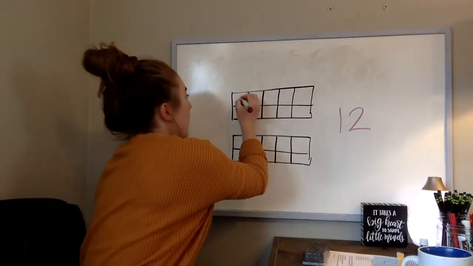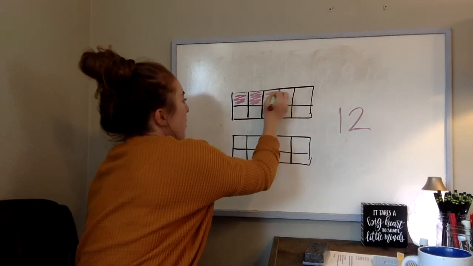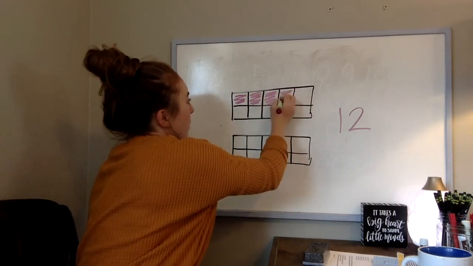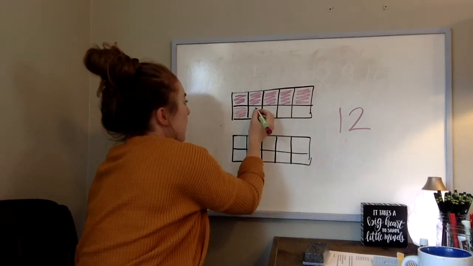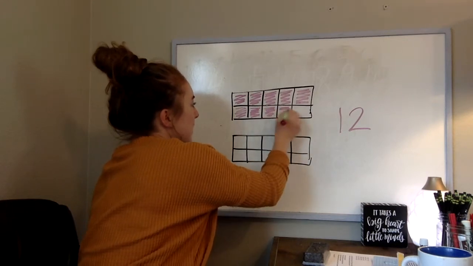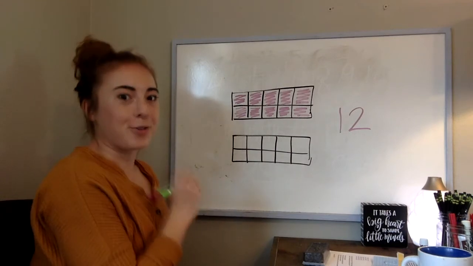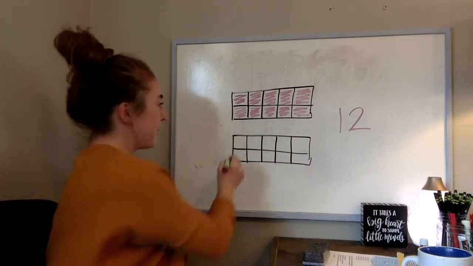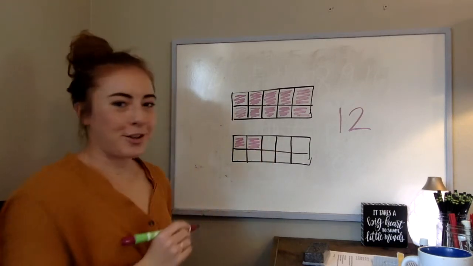Let's go. 1, 2, 3, 4, 5, 6, 7, 8, 9, 10. Am I done? You're right. We have to keep going. Ready? 11, 12. Great job.